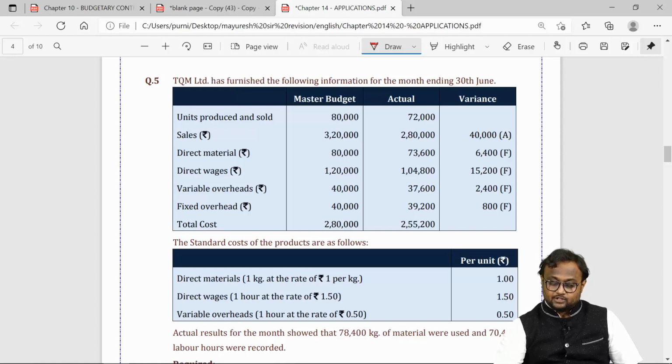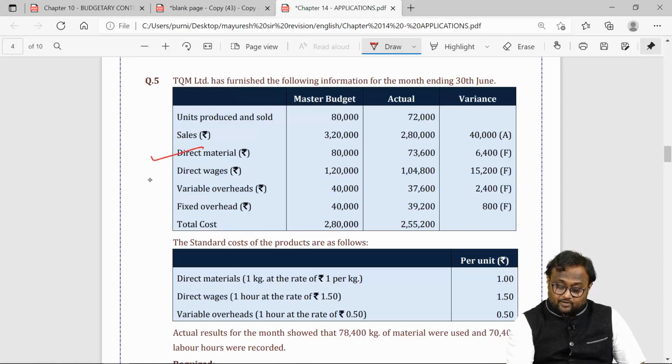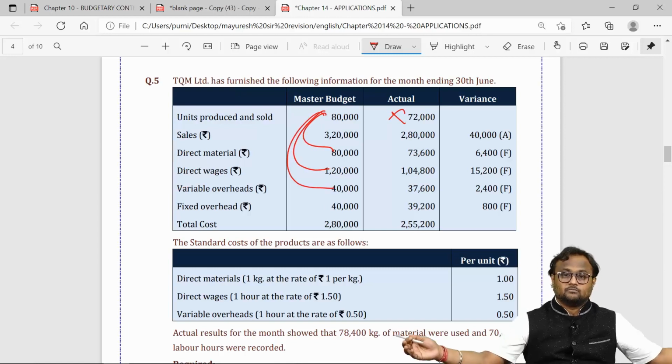Exactly similar calculation. For that, material per unit, labor per unit, variable overhead per unit will remain the same. So simply calculate per unit, and simply apply that on 72,000, and your work is done.